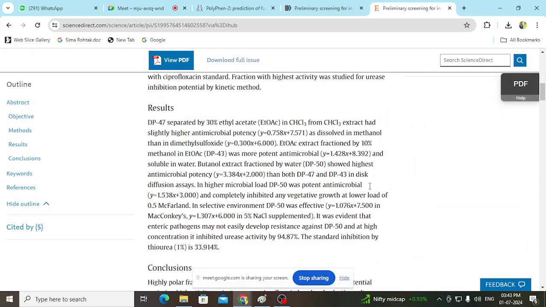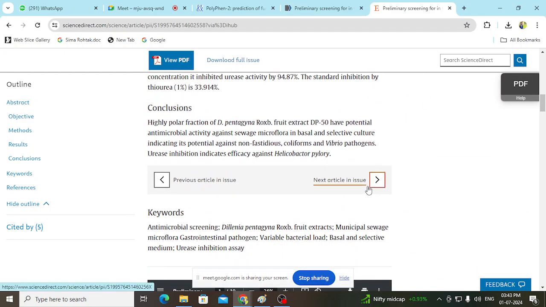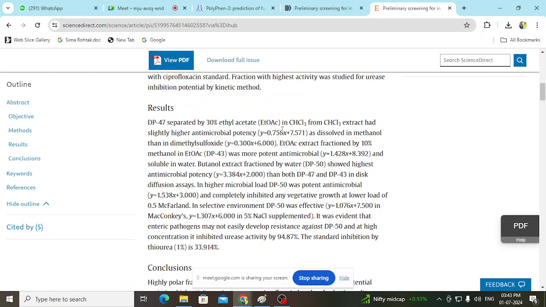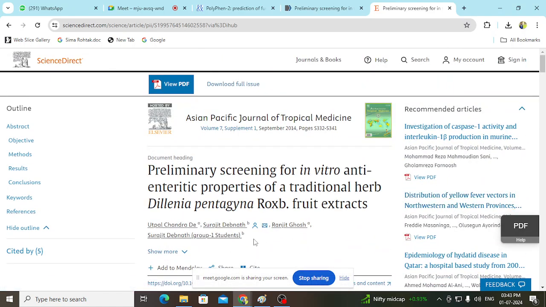So what happens? This kind of study needs a lot of time, a lot of money also. You need to have external research funding. Like this particular study needed at least 5 lakh rupees of funding, equipment, reagents, and see how many people.